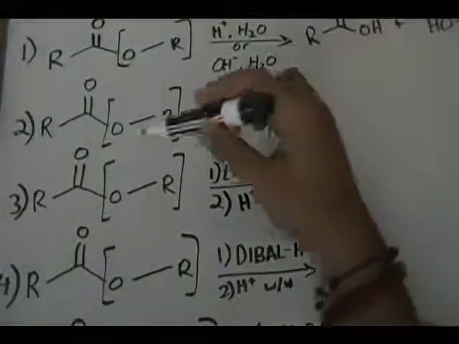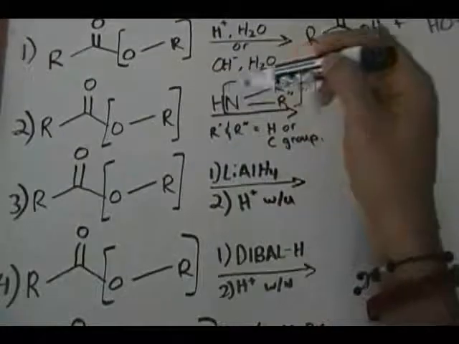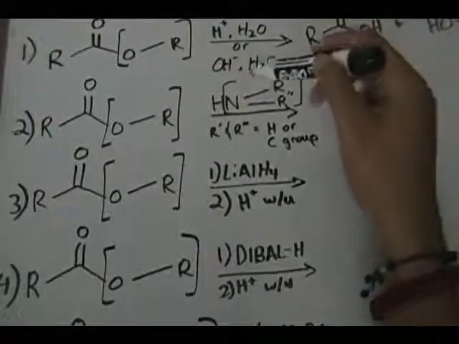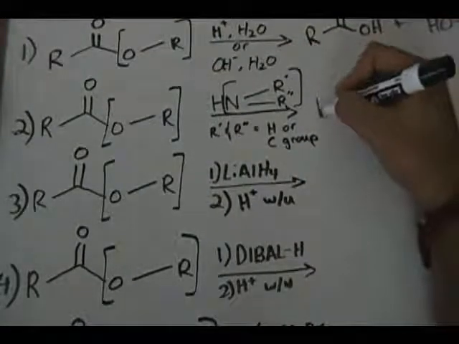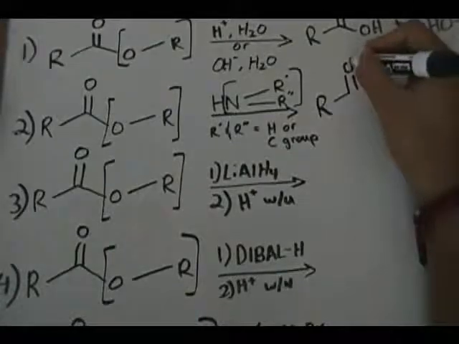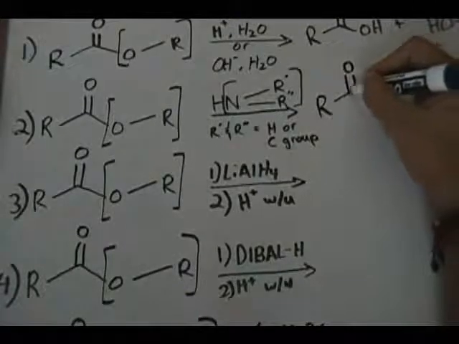And that's pretty much it. Again, replace this OR group, which will become your alcohol, with this piece I'll have in brackets, and you'll form your amide plus your alcohol. So here's your not carboxylic acid. You form your amide.